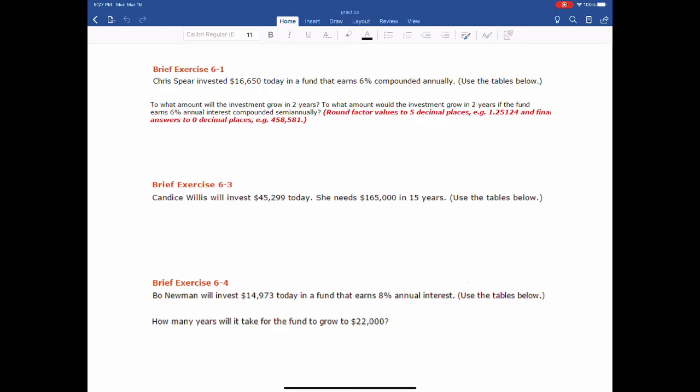We know for the single sum cash flow problem, we have four factors. One is present value, one is future value, one is number of periods, and interest per period.